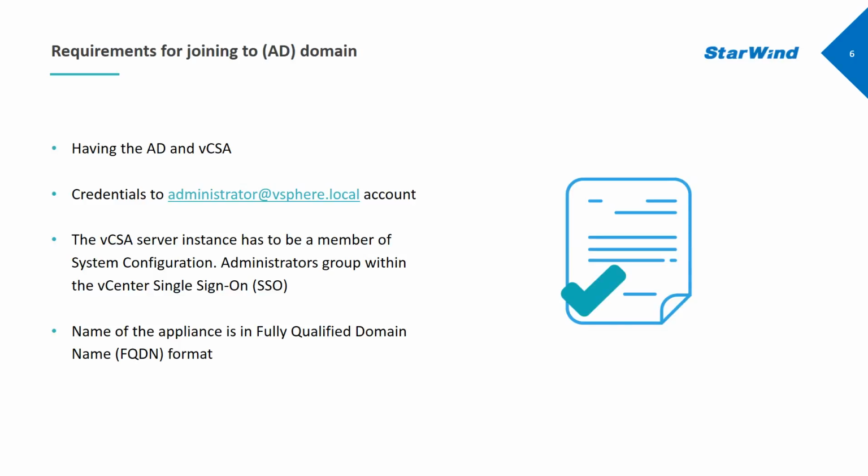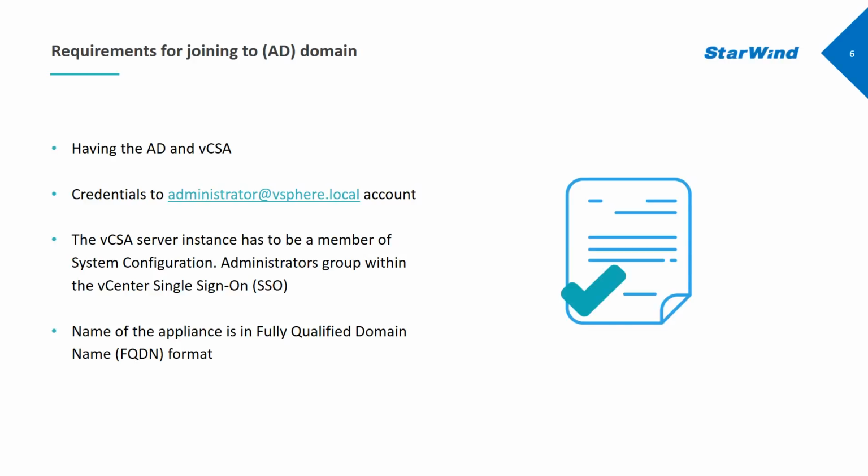Basically, there are a few requirements for joining to Active Directory. The first one is to have the AD and the server appliance. Second, you definitely should have the credentials for the administrator account. And the third, the vCenter Server instance has to be a member of the system configuration.